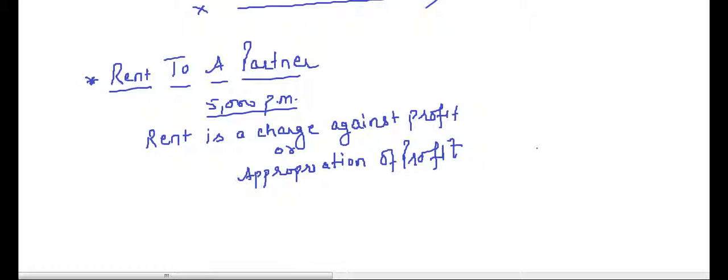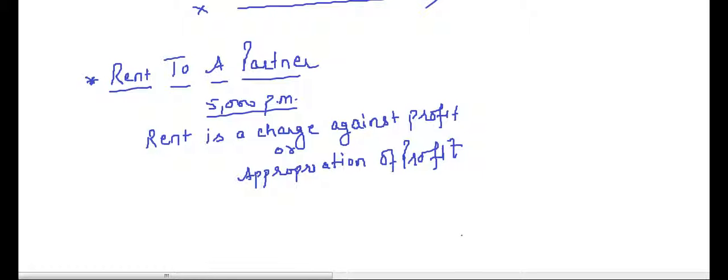The partner will say, no, definitely not. You are using my space, you have to pay rent. I don't know whether you are earning profits or you are into losses. So that means that rent has to be paid whether the partnership firm is earning profits or is into losses.